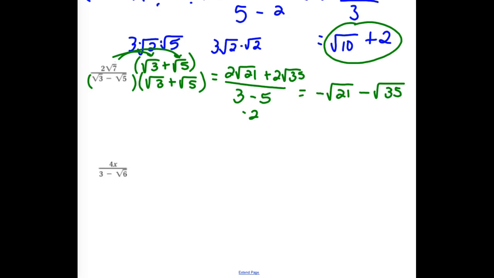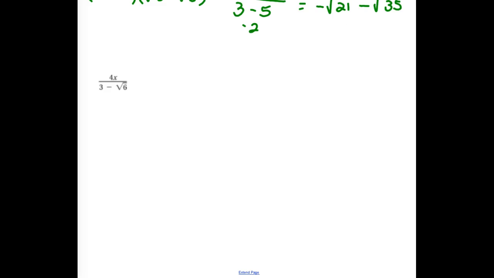All right, how is the last one different? There's a couple things that are different about it. Denominator only has 1 square root instead of 2. We can still find the conjugate though. What is the conjugate of 3 minus root 6? We'd need 3 plus root 6. Okay. The other thing that's different is the numerator has a variable.